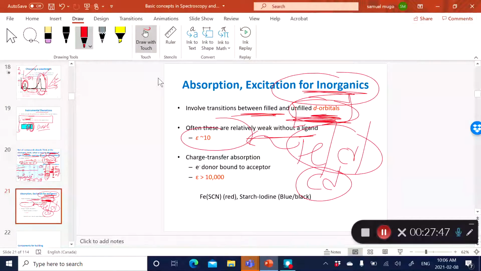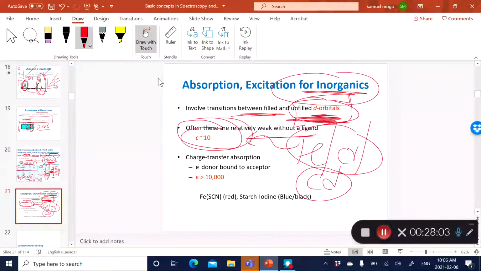Meaning you can do absorption spectroscopy of transition metals easily, because they absorb light, and they absorb light because of that allowable transition within the unfilled d orbitals.